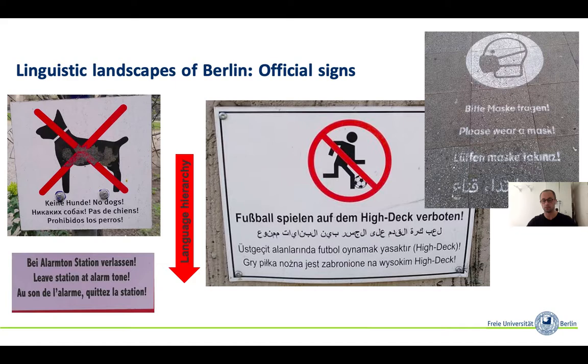If you take a look at the sprayed message that you should wear a mask, you see there again, German is the prominent number one language. Then you have English, and I would speculate that it's for tourists. And then you have Turkish and again Arabic, right?